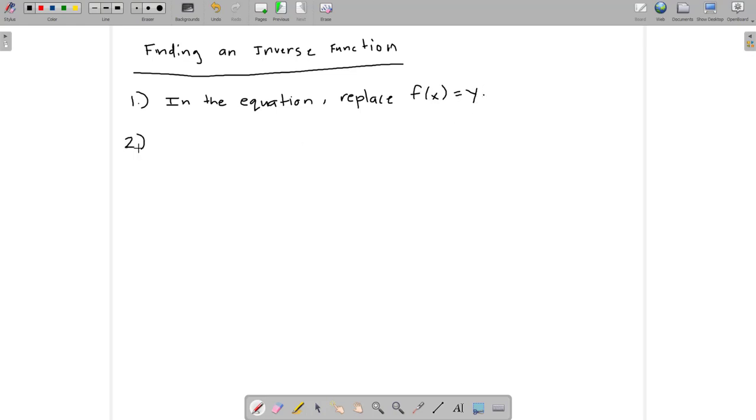So that'll be your first step. Next, you want to swap x and y in your equation. Then you're going to want to solve this new equation for y.